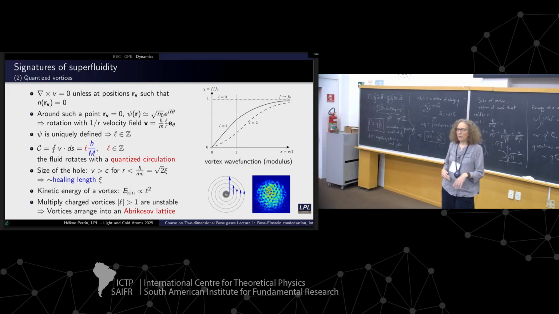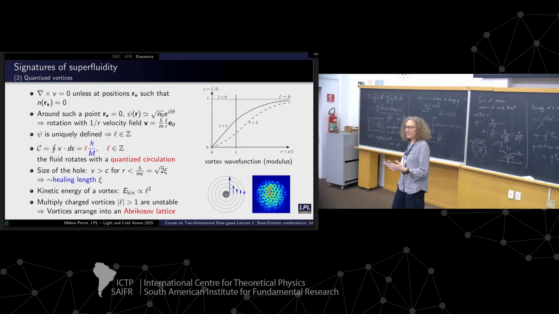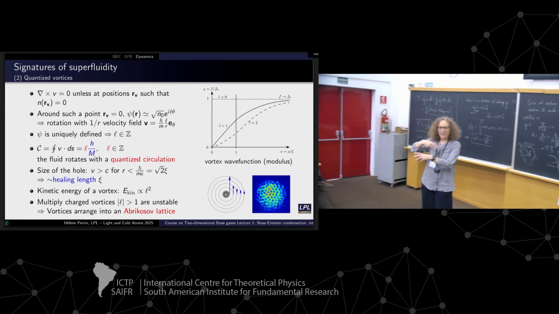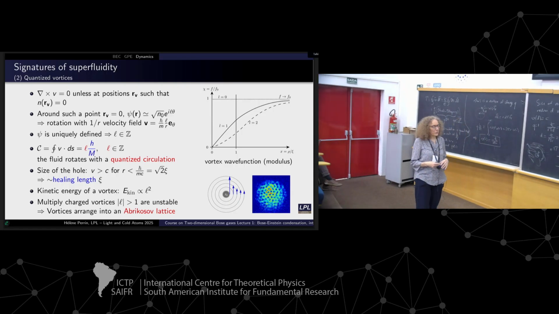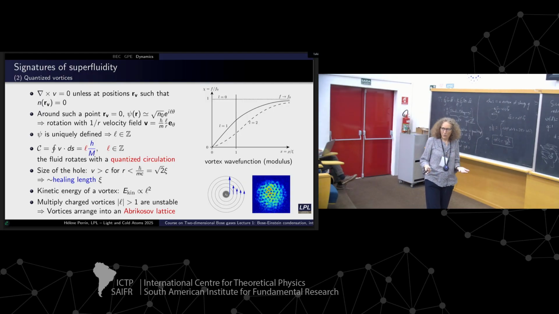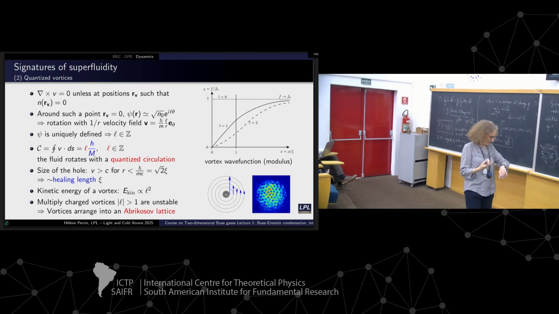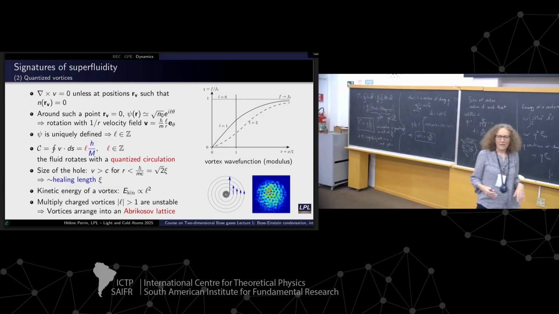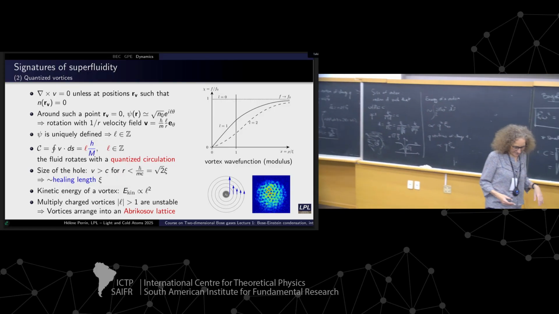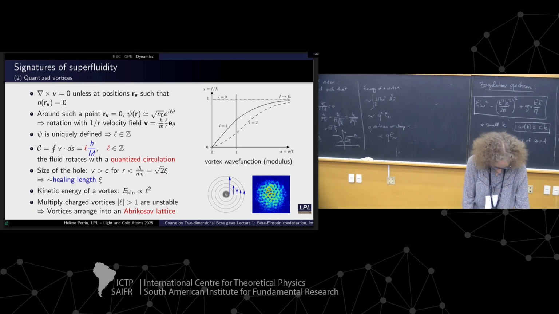And when a BEC is rotated, it likes to have vortices, because then the velocity field also has some rotation. And the faster we rotate, the more vortices we can have in the sample. And here you have a full lattice of vortices in this example.